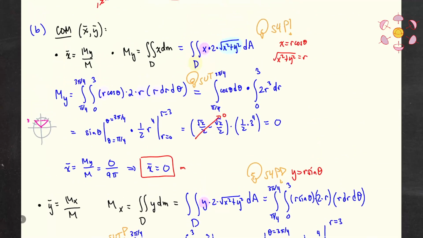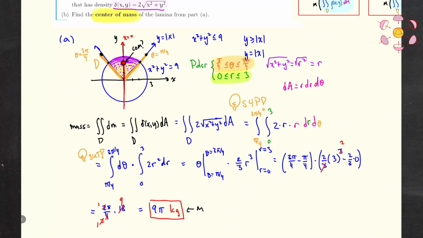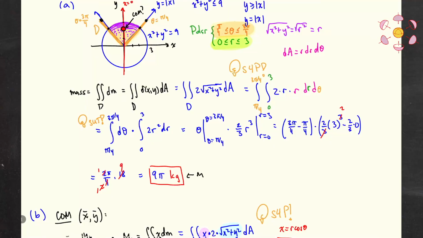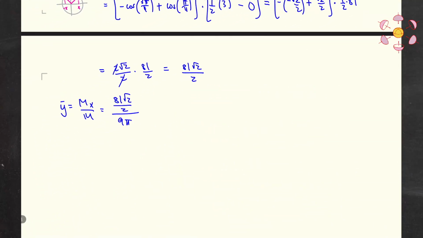Just double check, our mass was 9 pi. Okay, so let's simplify this a little bit. 81 divided by 9 is 9. So 9 root 2. And then the 2 pi doesn't really simplify. So I will leave it like this.